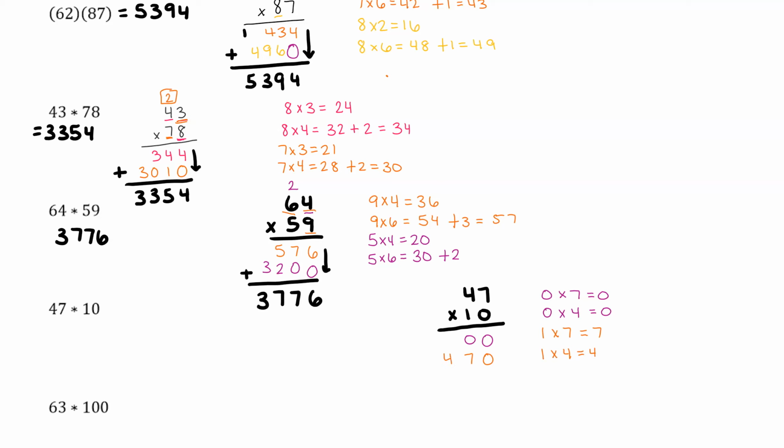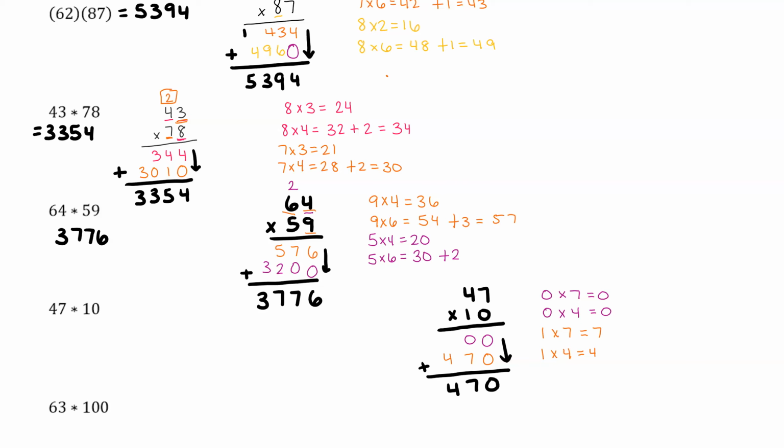These are our partial products, and so we add down. 0 plus 0 is 0. 0 plus 7 is 7, and just 4 is just 4. Now let's think about this problem for a second.